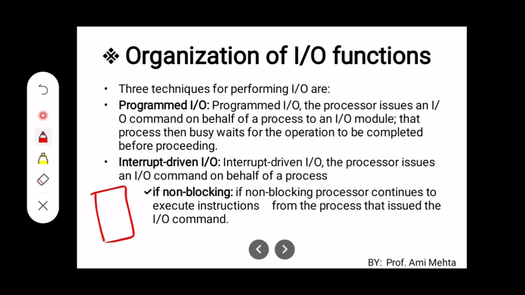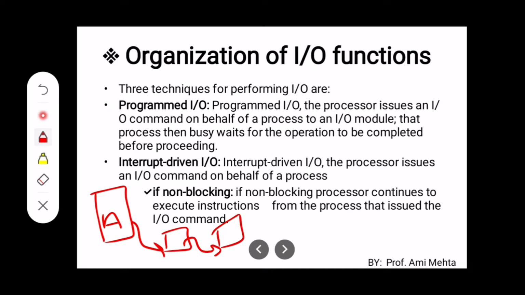For example, if this is a process A, this is a CPU, and this is the input output controller. Process A issues an IO, so the processor issues an IO command on behalf of a process.